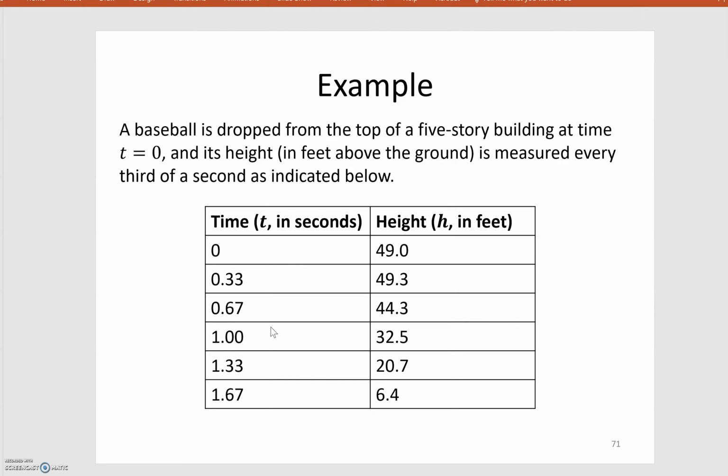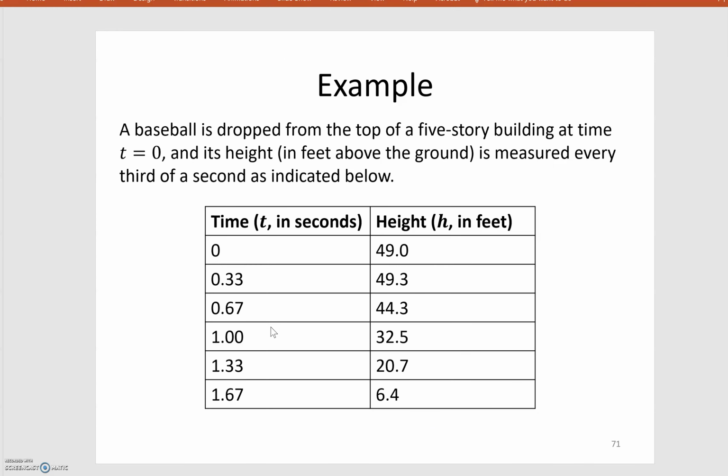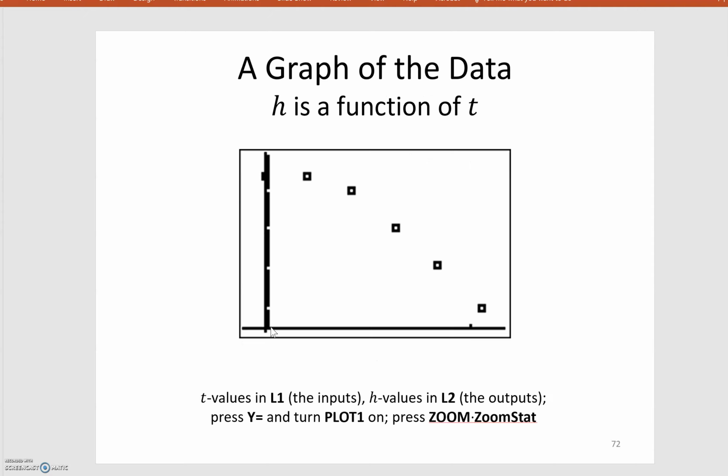Now, we can make a scatter plot of this, and you know how to do that. We would enter this data. This would be your L1 data. This would go into L2. Then you turn on stat plot.